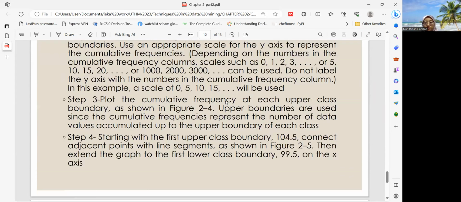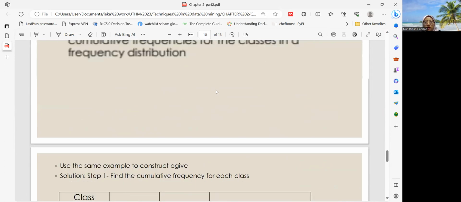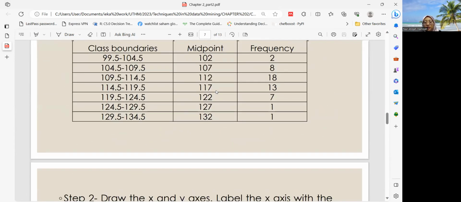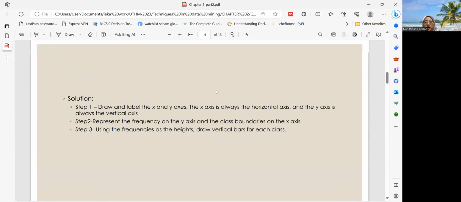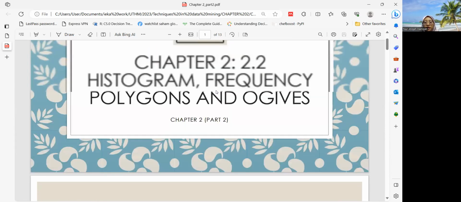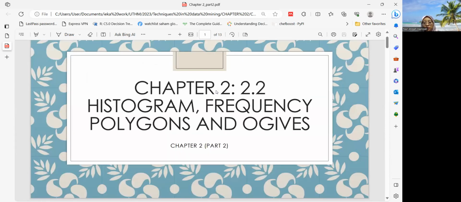Okay, so saya recap balik. Kalau awak lihat balik apa yang kita cover pada 2.1 and 2.2 ni, 2.1 hari tu kita tengok frequency distribution. From the raw data, then you convert it into table form.